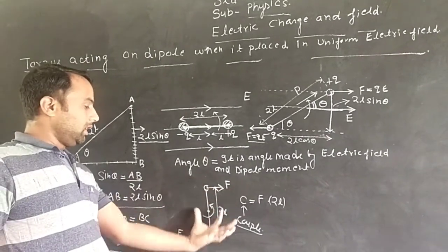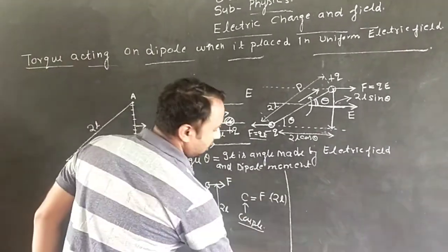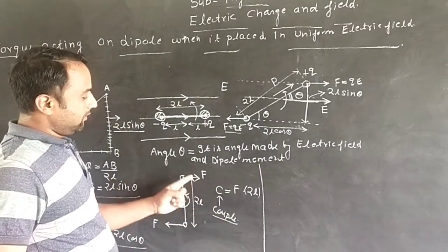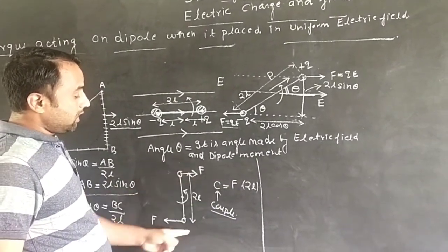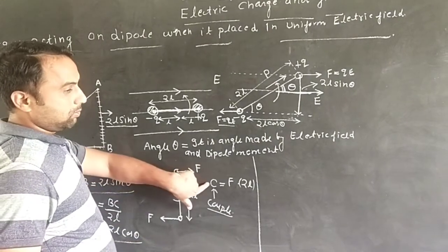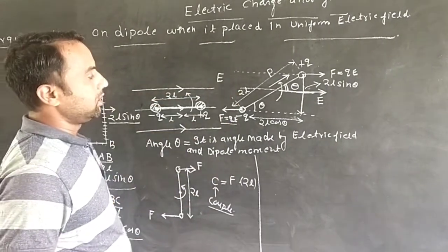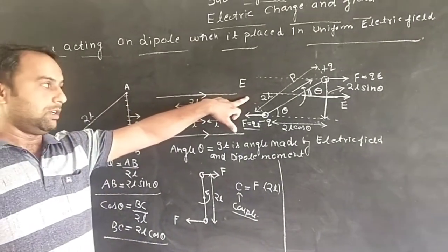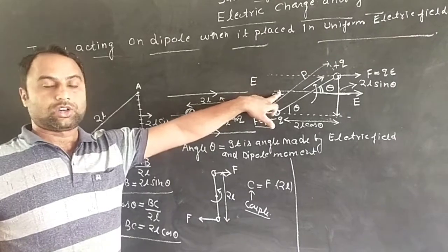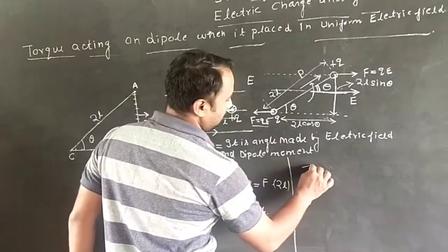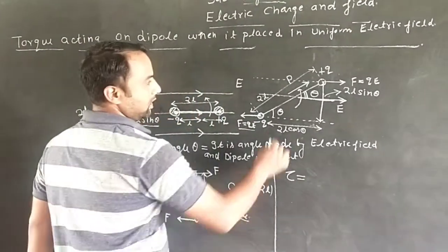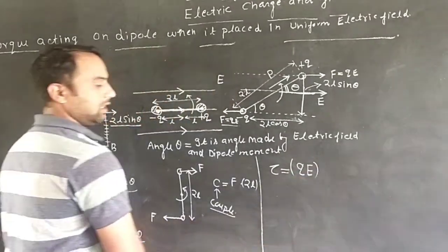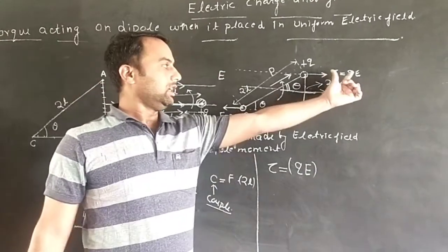From here we know that the torque is also similar to a couple, because the force tends to rotate the dipole, and this is the formation of the couple, and this formation rotates the dipole system, and the rotational tendency of the dipole is also known as torque. And here we define the torque, tau is equal to the magnitude of the force, this is QE, because here is QE and here is QE.